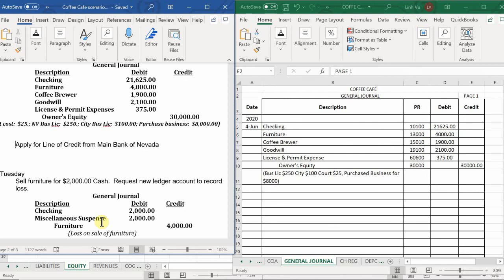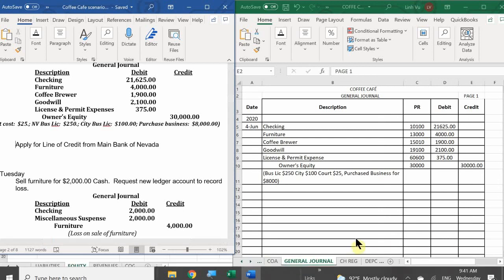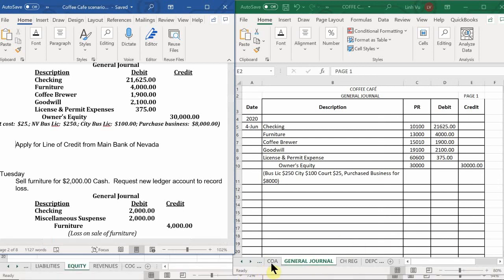I received money. Okay? Now in this case, what am I going to do with the money? It's cash, right? I received cash. You just put it back to the business account. We're going to put it right back into the business account. Okay? So, right, we know what checking is.